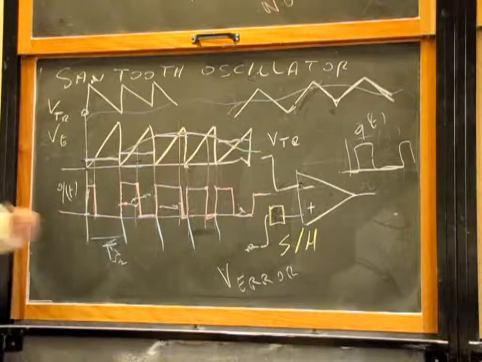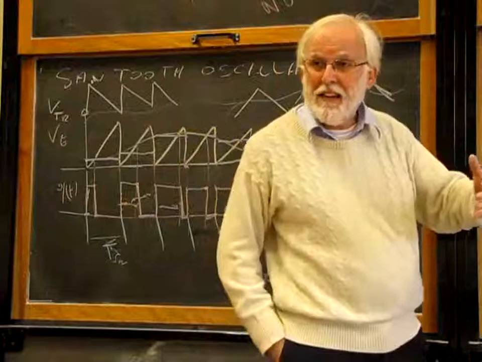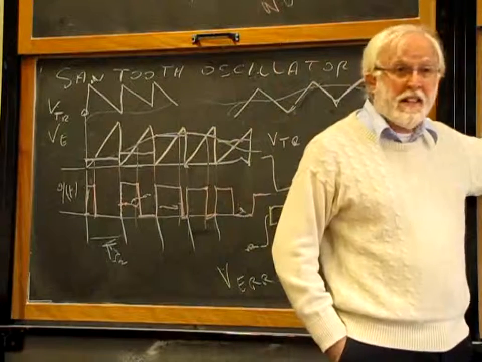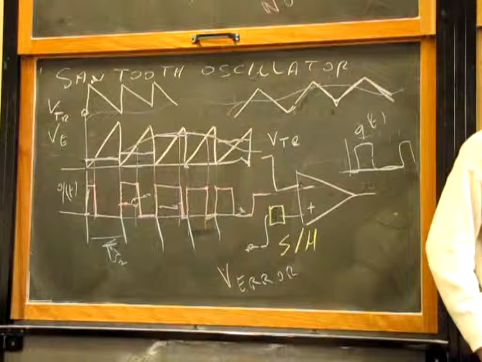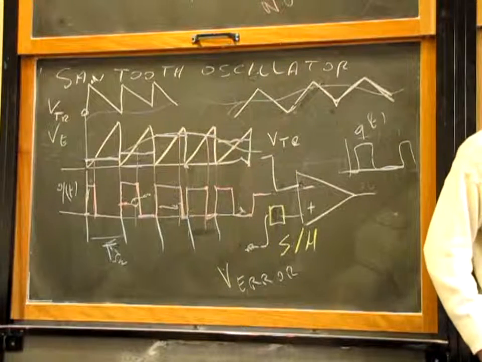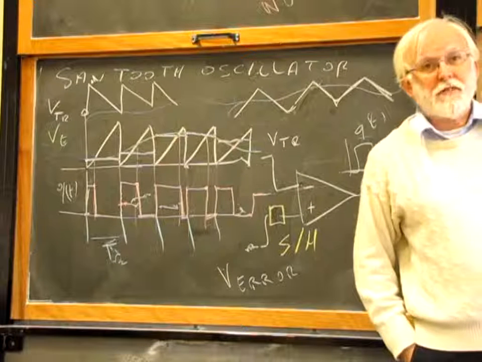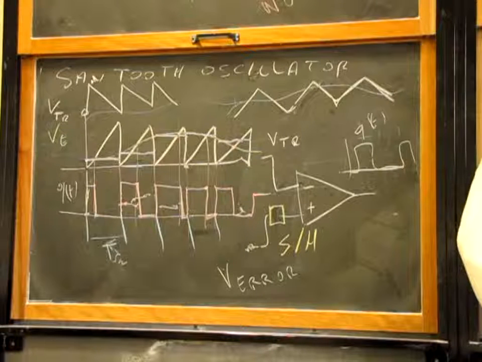Because this PWM modulator is inside our loop gain. Our loop gain has this amplifier that has a transfer function. Then there is the pulse width modulator that has a transfer function, and then there is the power converter that has a transfer function. Now we know the transfer function of our converter. We don't know the transfer function of these two elements.